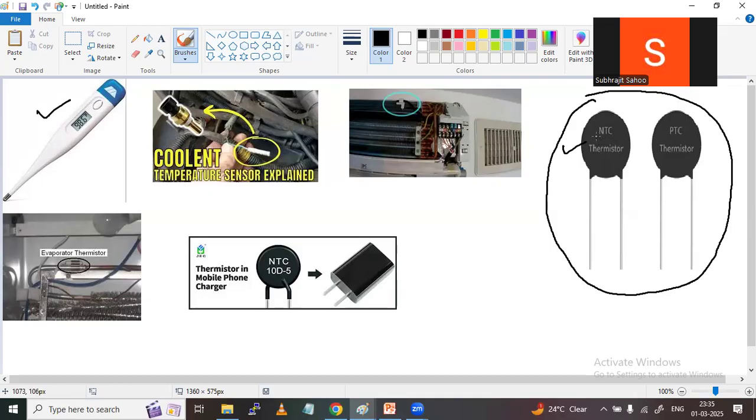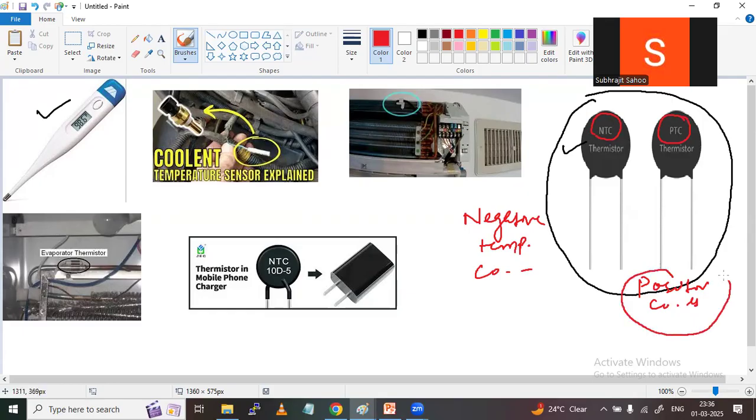Interestingly, two things are written here. Observe, one is NTC, another is PTC. NTC stands for negative temperature coefficient, and PTC stands for positive temperature coefficient. What is the meaning? Meaning is very simple.